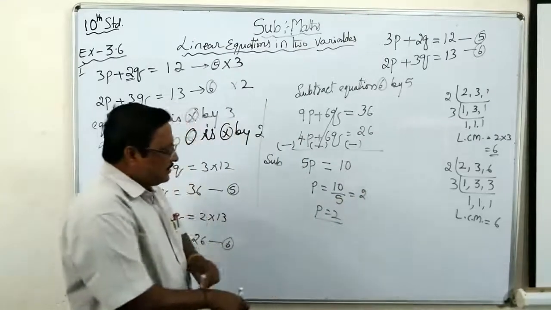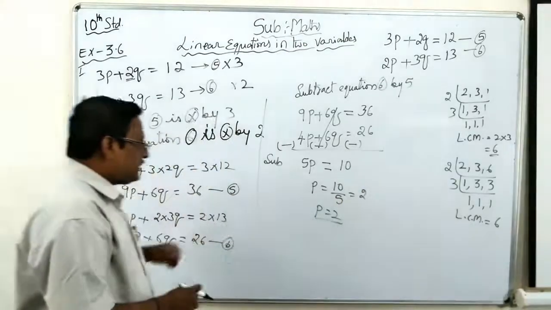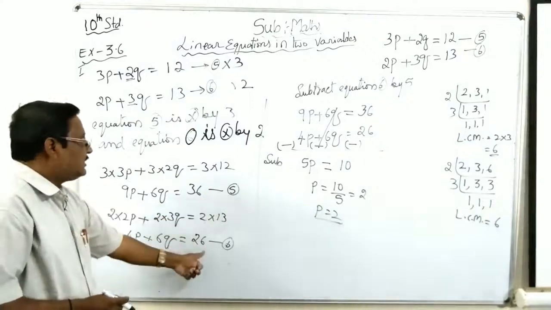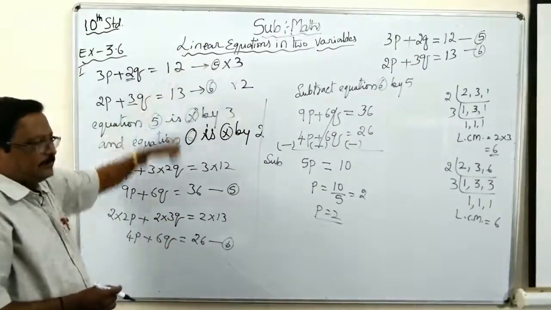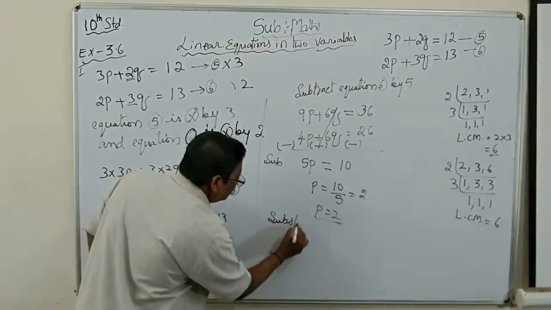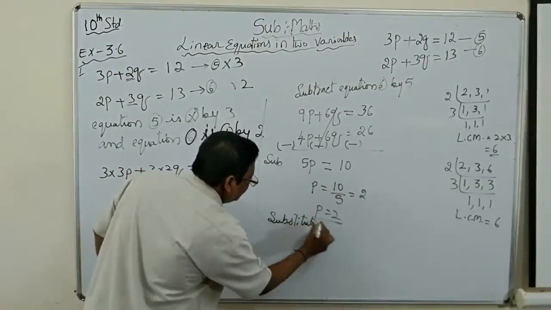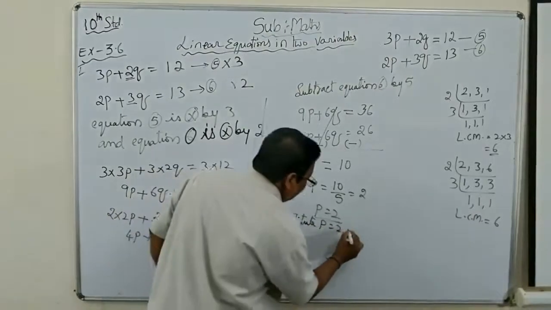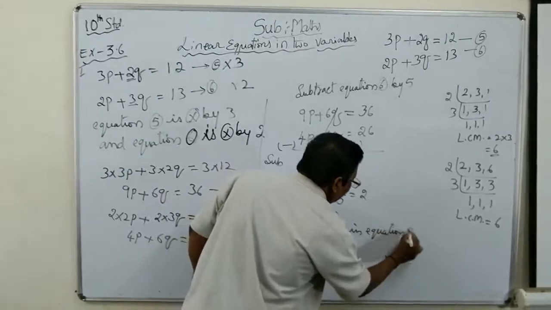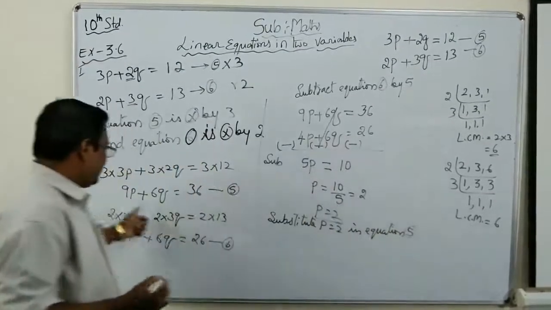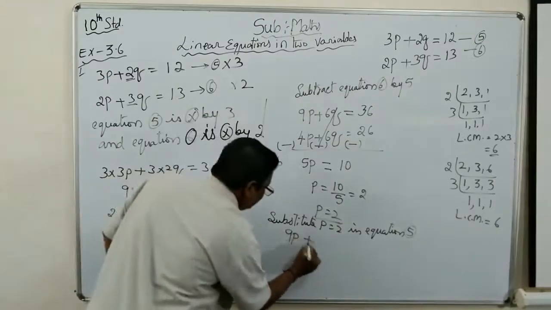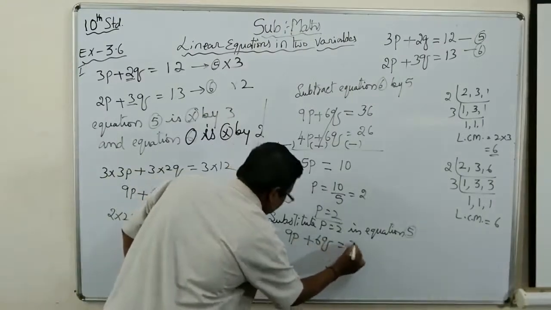Next, P is equal to 2. Substitute in equation 5 or 6, either one. Substitute P is equal to 2 in equation 5. What is equation 5? 9p plus 6q is equal to 36.